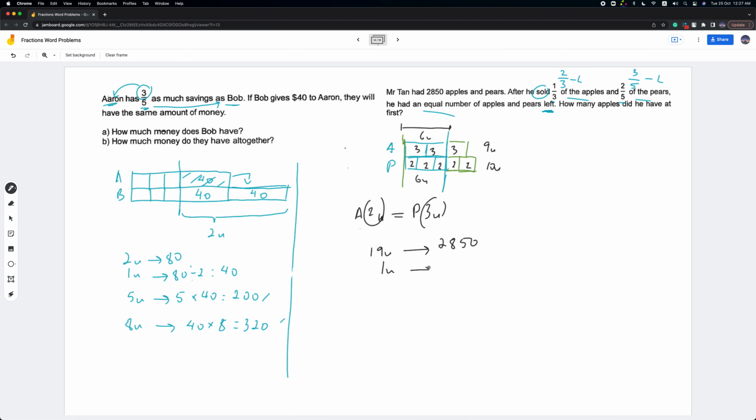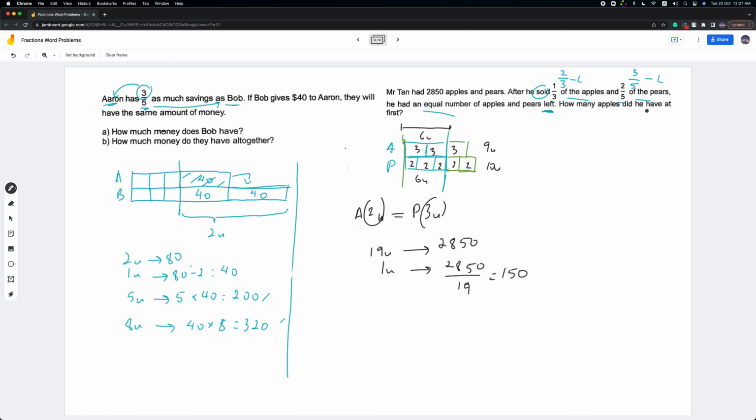And we always find 1 unit. Divide by 19. 2,850 divided by 19. Let me do that properly. Okay, 150. So 1 unit is 150.